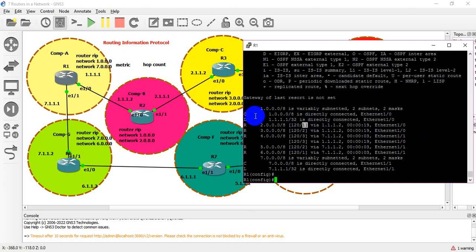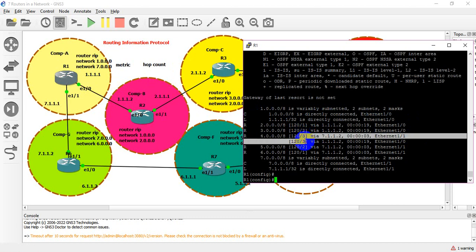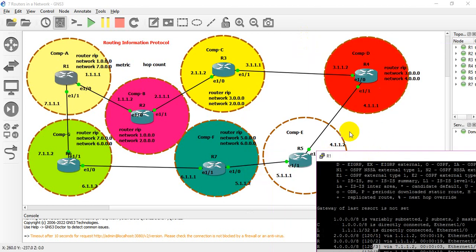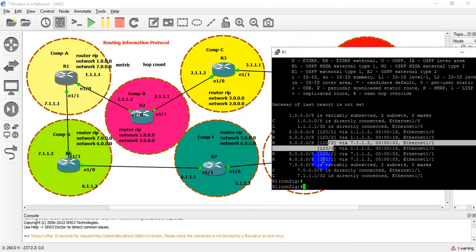So only one router. If you check this one, the 3 one, here is the load balancing concept. How? Look at this. Four networks. Let me tell you the four network scenario. This is the four network, okay? This is the 120 AD value obviously, and 3 means via 7.1.1.2.